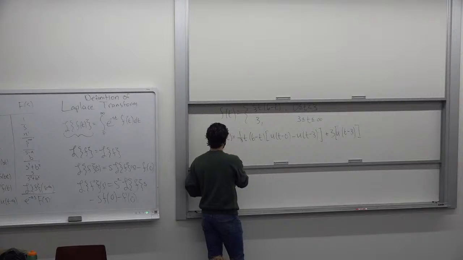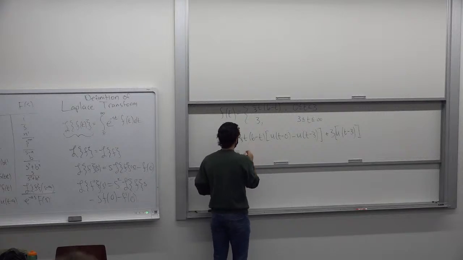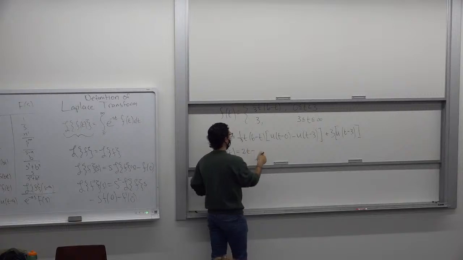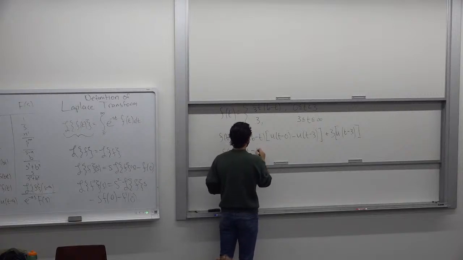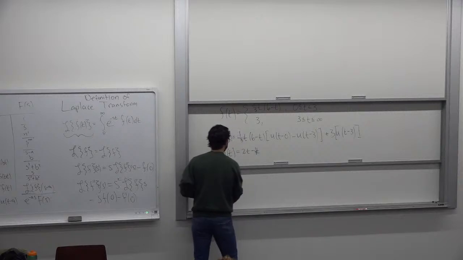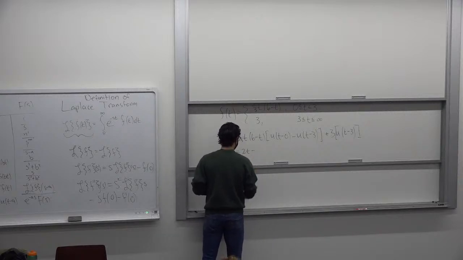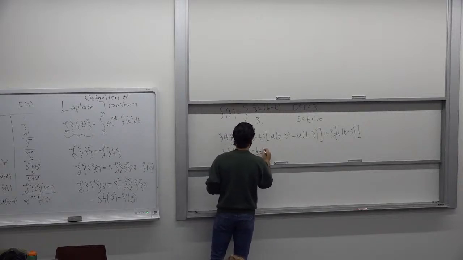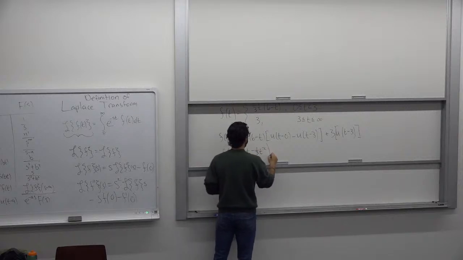So it's going to be 1/3 t times 6 is 2t, minus 1/3 t times t, which is 1/3 t squared. I'm just going to put that in parentheses.